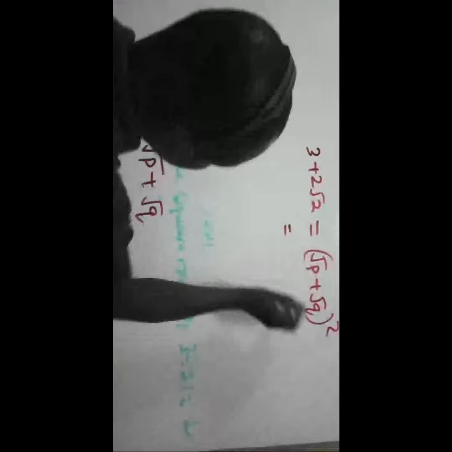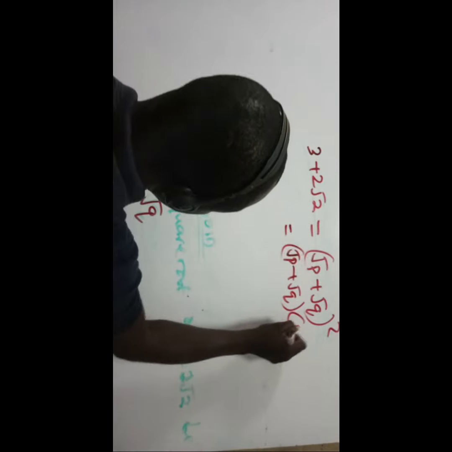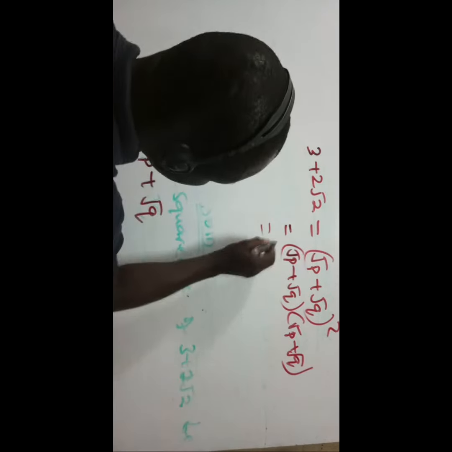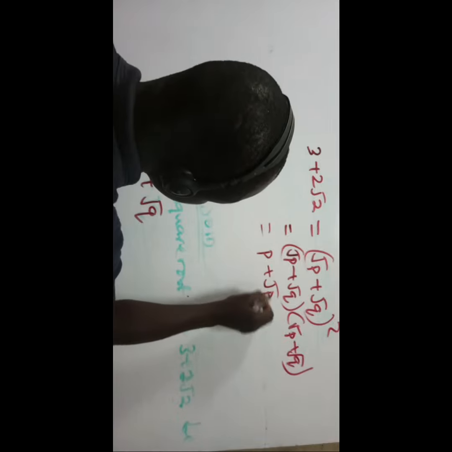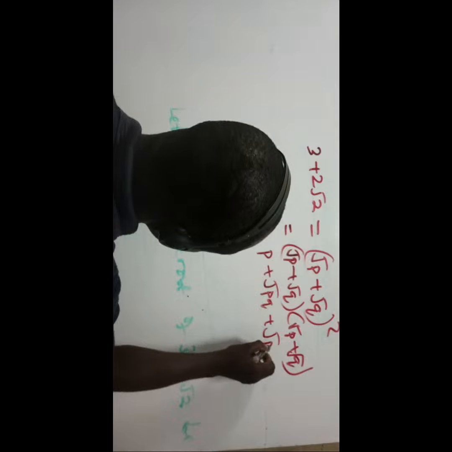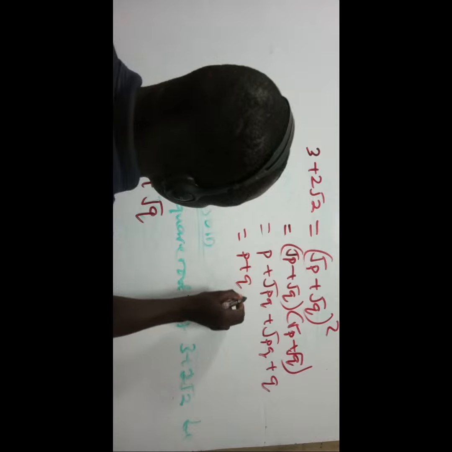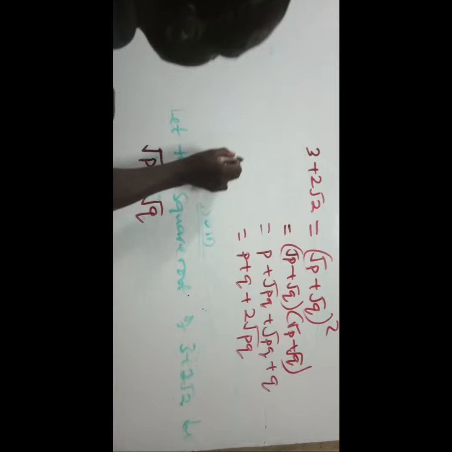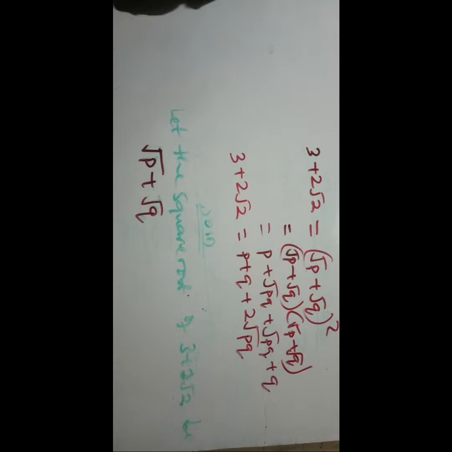So I'm going to get square root of p plus square root of q multiplied by square root of p plus square root of q. If I open up, I'm going to get p, square root of pq plus square root of pq, plus q. Then at the end of the day, I'm going to have p plus q plus 2 square root of pq, being equal to 3 plus 2 root 2. So that is what we are going to get.